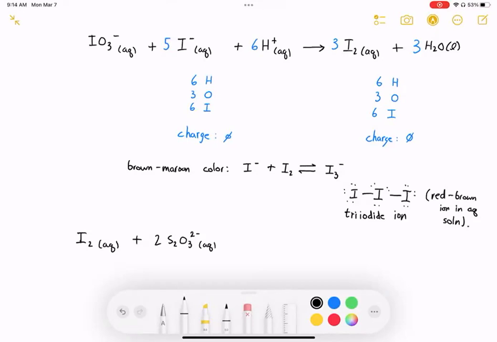And then you get the iodide again. The thing about iodide is that it won't complex to starch. So once you have all iodide, it won't interact with the starch at all, and that's why it appears colorless. And then you get the tetrathionate ion. This ion right here.